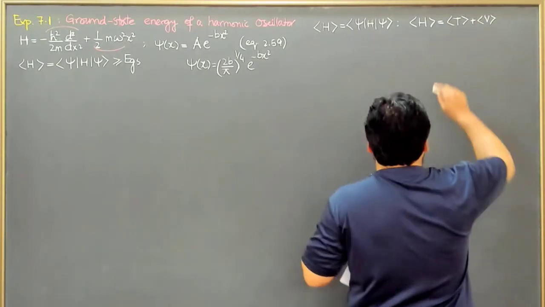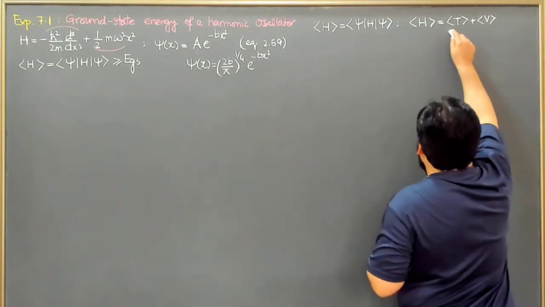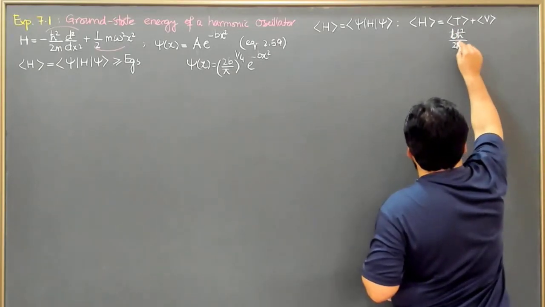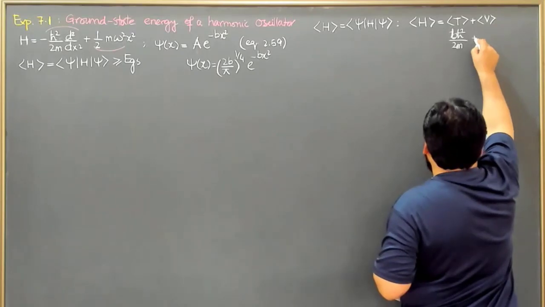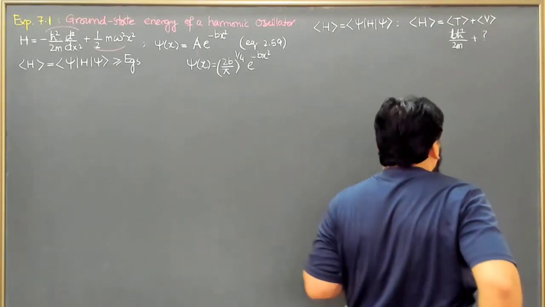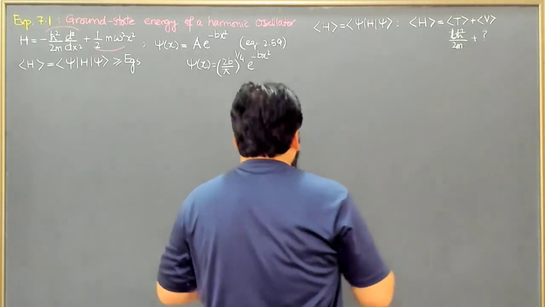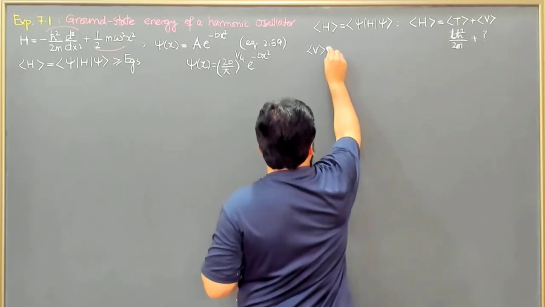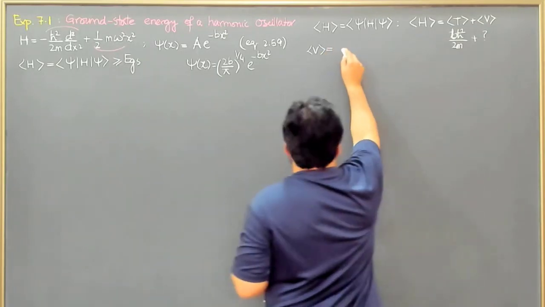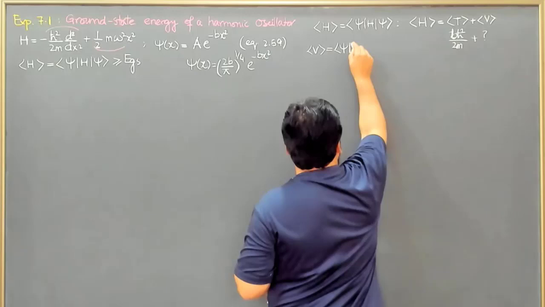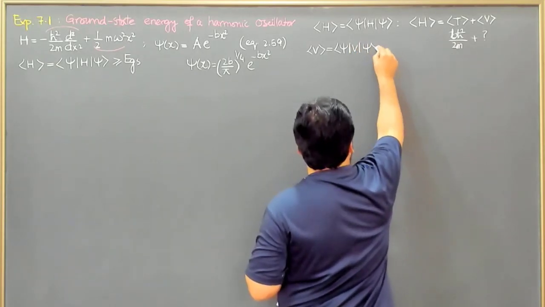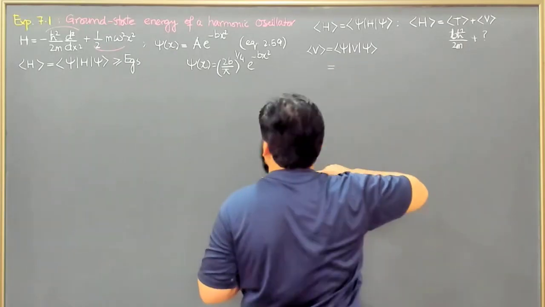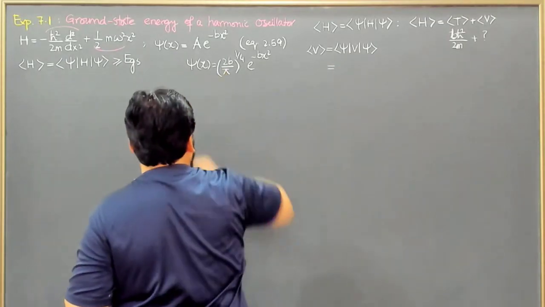So we found the value of t here is b ħ² over 2m, and we will find the value of v now. To write v here, this is ⟨ψ|V|ψ⟩, and this thing is equal to the function I will write.